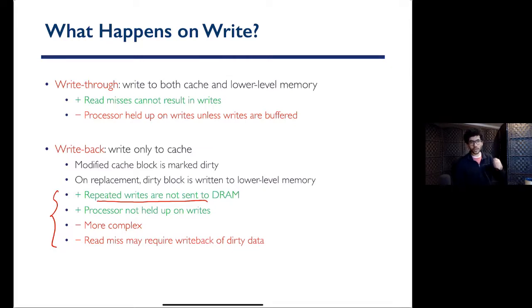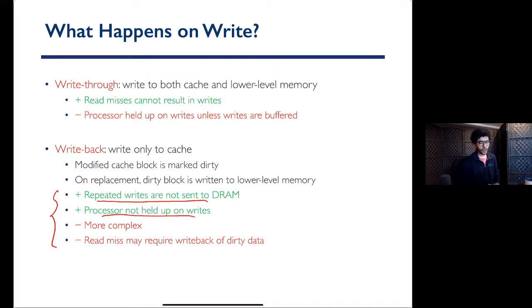All of them are just going to change the data in cache, which is a lot faster than memory. If I have to go to memory, I'm going to spend a lot of time. If I'm just hitting in cache and writing to cache, it's going to be a lot faster. And then eventually I'm going to write the last update to my memory. So I'm saving a lot of memory activity.